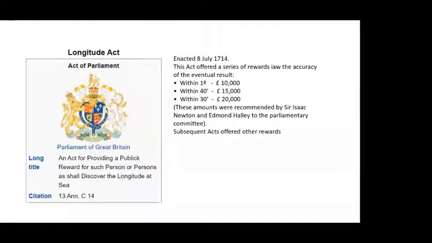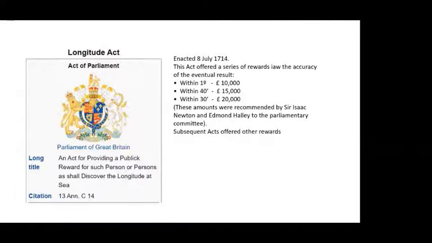If you could determine the position or the longitude within 1 degree, it was worth £10,000 at the time. Within 40 minutes of arc, £15,000. And if it was within 30 minutes of arc, £20,000. These amounts were recommended by Sir Isaac Newton and Edmund Halley to the Parliamentary Committee.